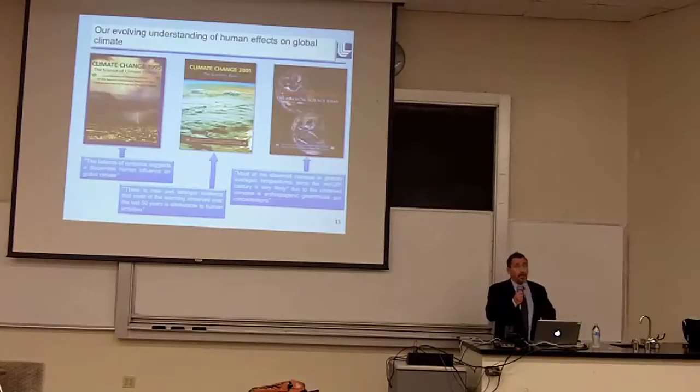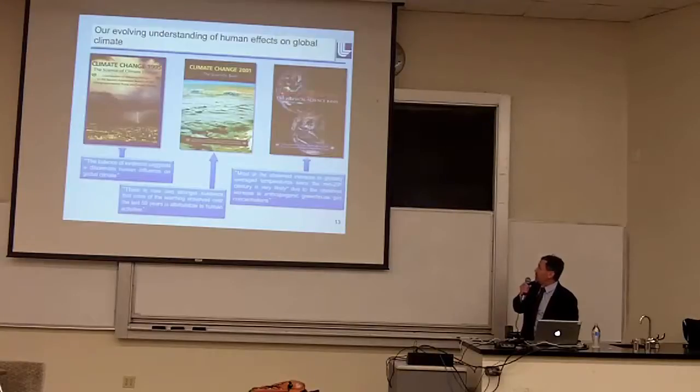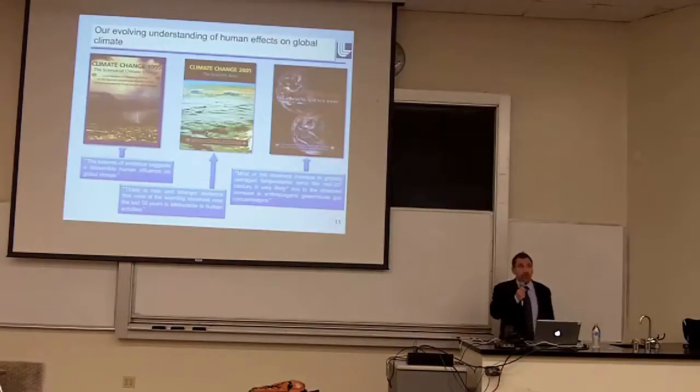They used this likelihood language: most of the observed increase in globally averaged temperatures since the mid-20th century is very likely due to the observed increase in anthropogenic greenhouse gas concentrations, where very likely had a specific probabilistic meaning, greater than 90% confidence that that statement was correct.